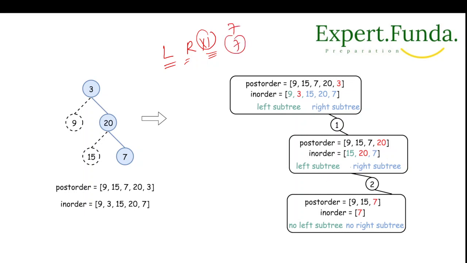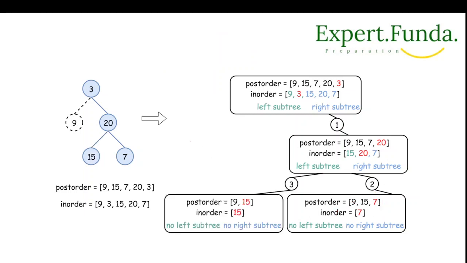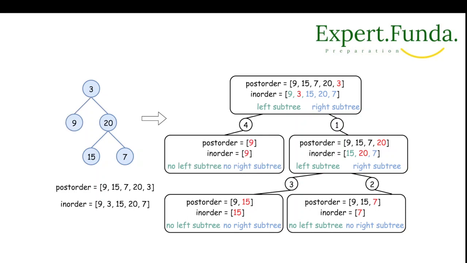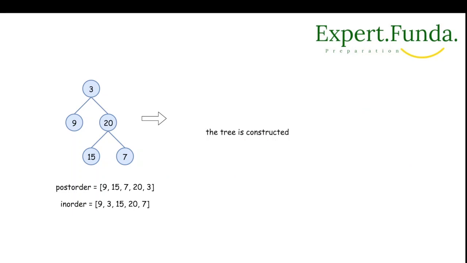So both are matching here, and we have no left and no right subtree. Similarly, if you check 9 and 15, you can see 15 is here in the post-order. And if you talk about 9, both have 9 at the start, on the left. So the tree is constructed. Now let's go to the coding section.